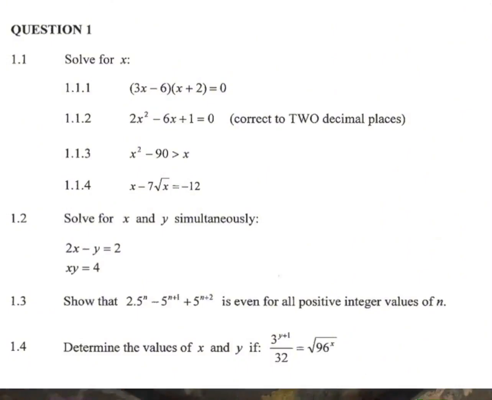It says, show that 2 multiplied by 5 to the power n minus 5 to the power n plus 1 plus 5 to the power n plus 2 is even for all positive integer values of n. So that is our next question.